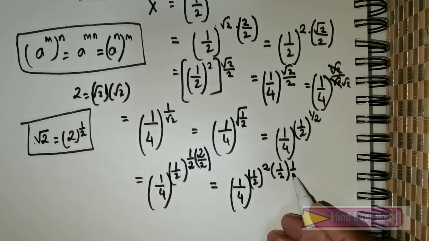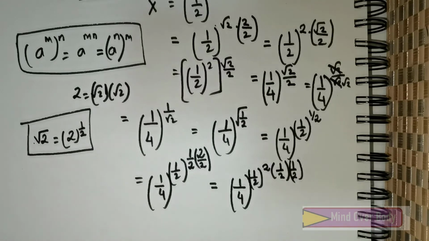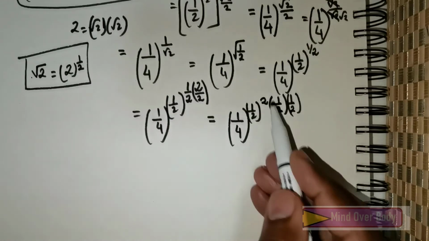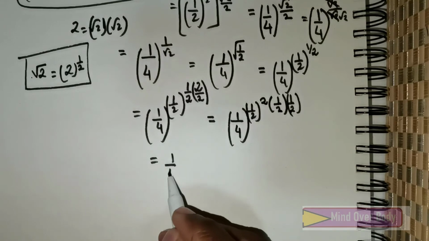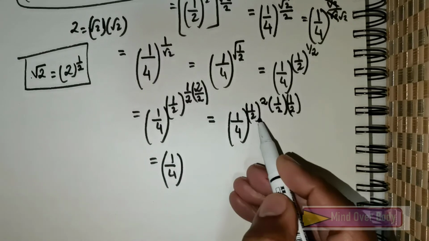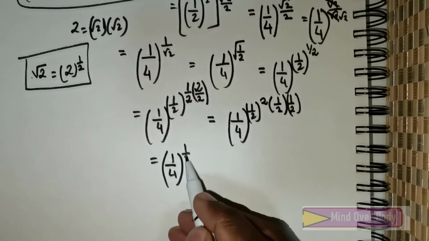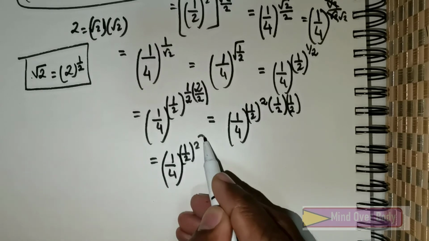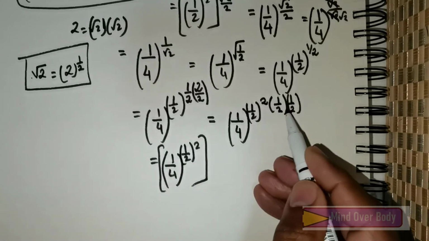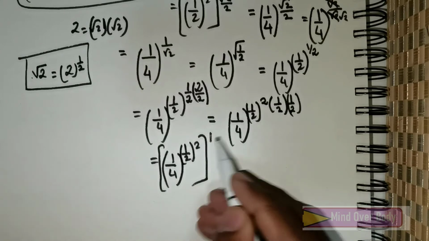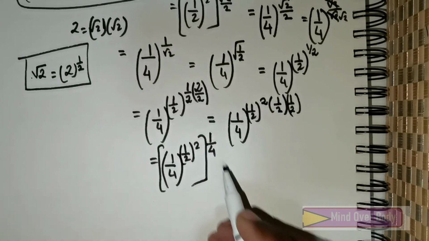So that is placed like this. Okay, so now I'm going to rewrite this as 1 over 4 raised to the power. Now this is 1 over 2 raised to the power 2, and the other quantity, 1 over 2 times 1 over 2, I can multiply and write as 1 over 4.